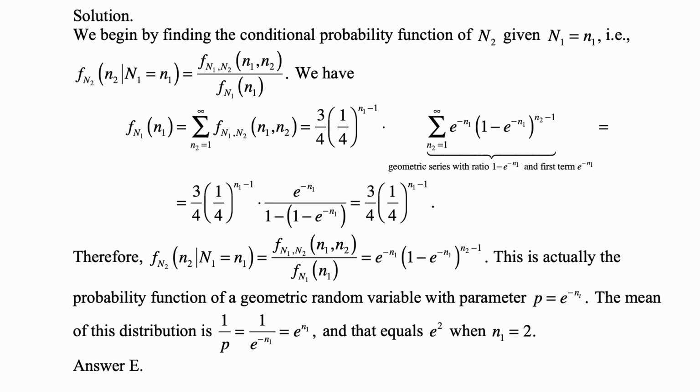This is actually the probability function of a geometric random variable with parameter p, the probability of success, of e to the minus N1, when you model a geometric random variable as a repeated Bernoulli trial with a certain probability of success, which we denote by p. The mean of this distribution is 1 over p, which is 1 over e to the minus N1, so it's e to the N1. And that equals e squared when N1 is 2.